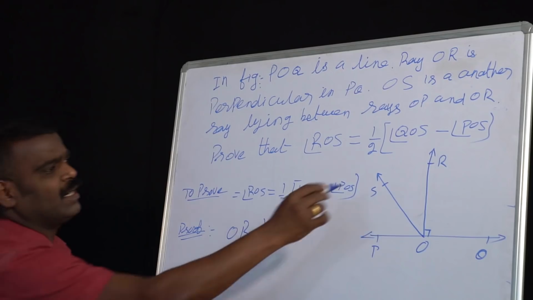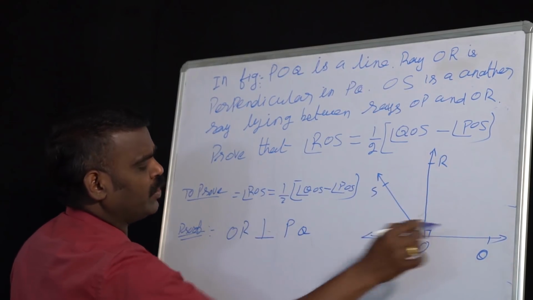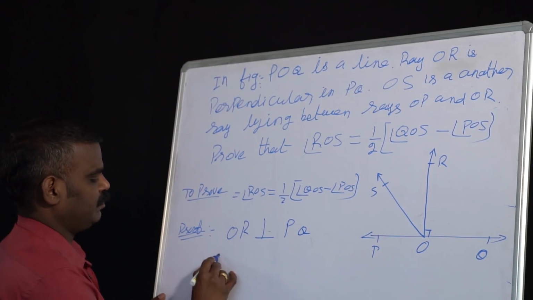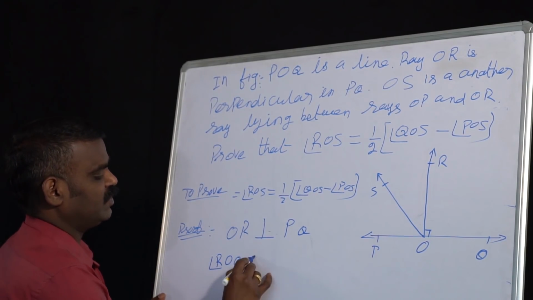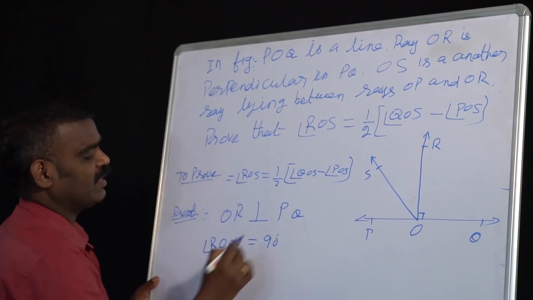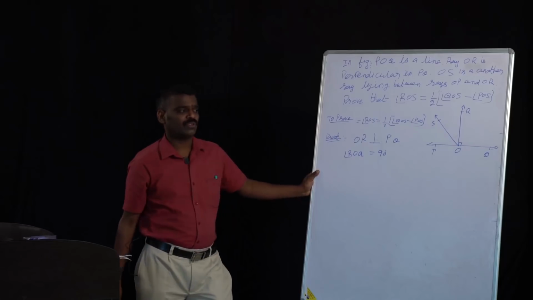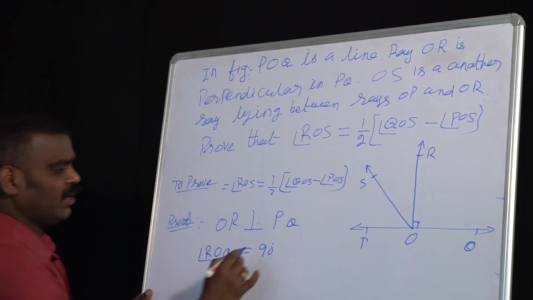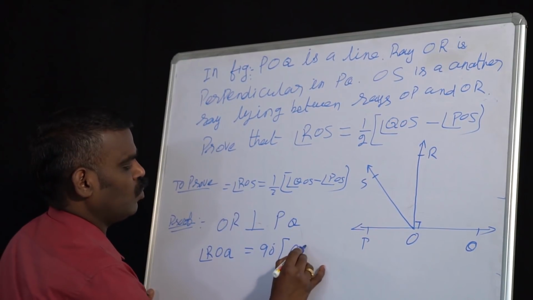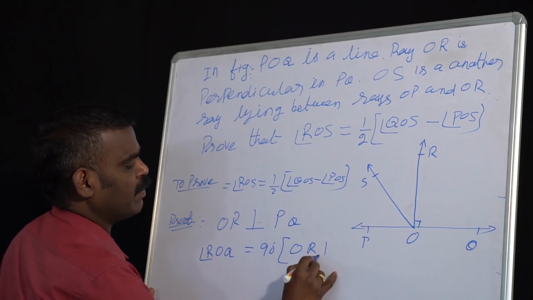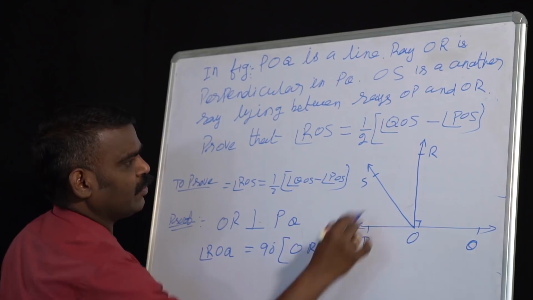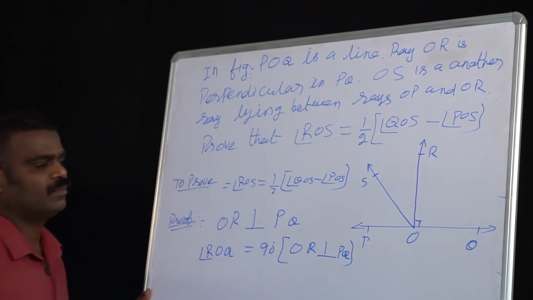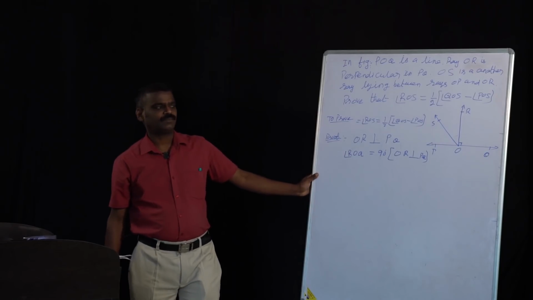That means angle ROQ equals how many degrees? 90 degrees. Why is angle ROQ 90 degrees? Reason: because OR is perpendicular to PQ. That's why it is 90 degrees.